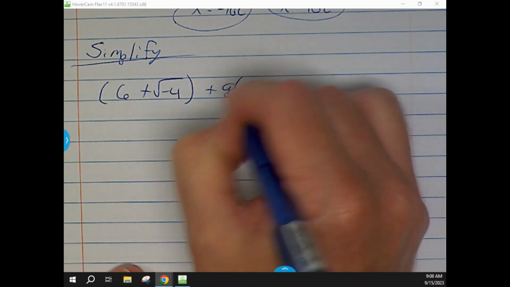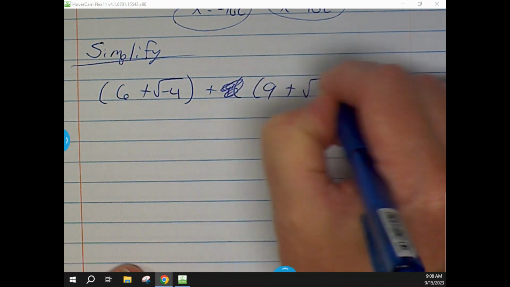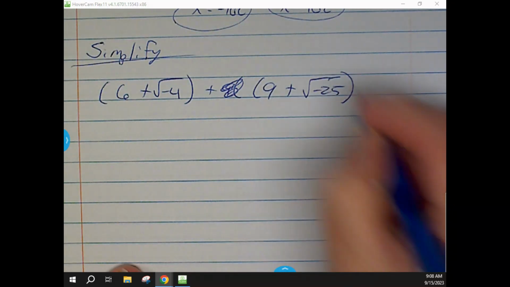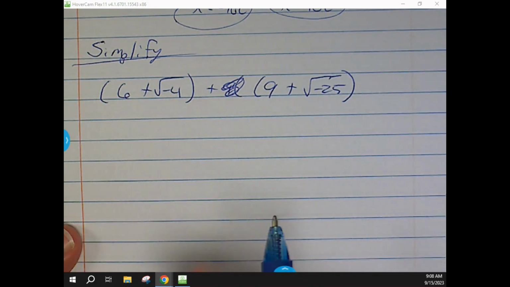So you've got something like this, where you've got 6 plus the negative square root of 4, and then plus 9 plus the square root of negative 25. Okay, and you may be saying, well, there's no imaginary numbers there, but there are. They're just written differently.